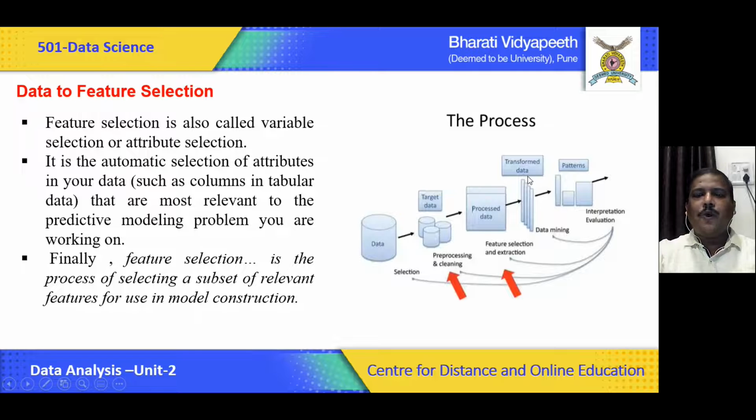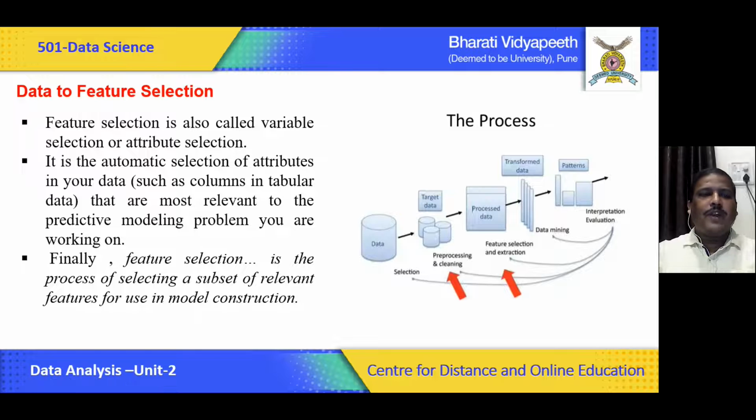Then you will have transformed data, whatever data you have made into a different form, which can be used for different purposes like designing patterns, taking different kinds of reports, and analyzing it differently. Once the data is rectified, transformed, and purely processed, only then can we do several things, which at the last stage are data interpretation and evaluation, right?